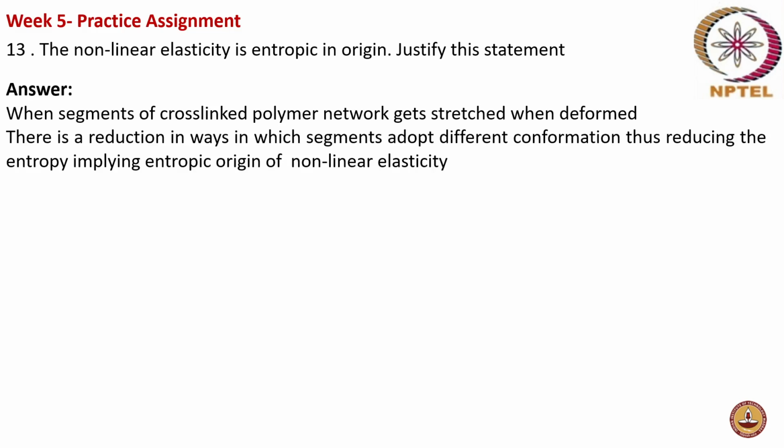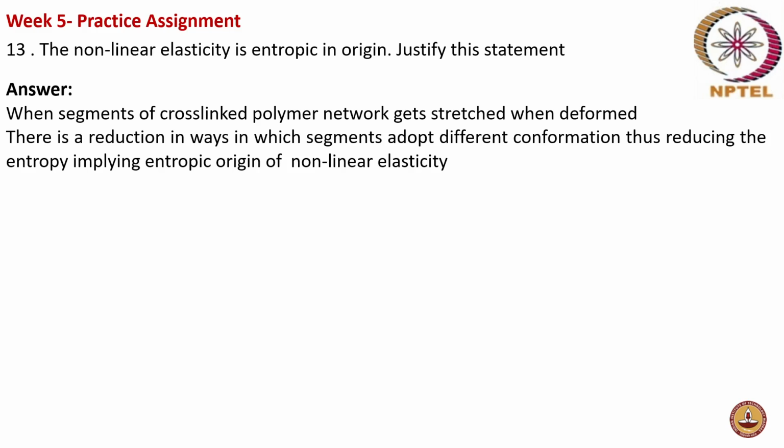See, in case of cross-linked polymer networks, for example a rubber, the rubbery nature is because of segmental mobility, right? But what happens when they are deformed? The segments adopt a stretched conformation, they become more stretched.